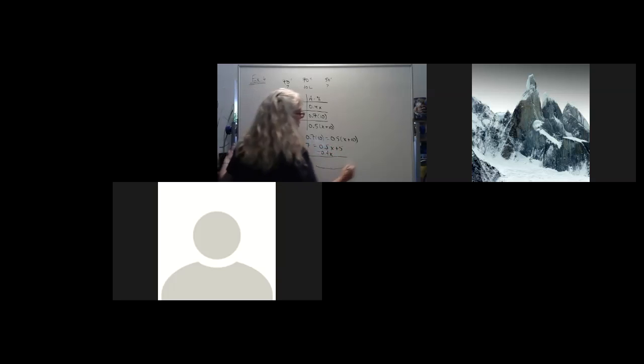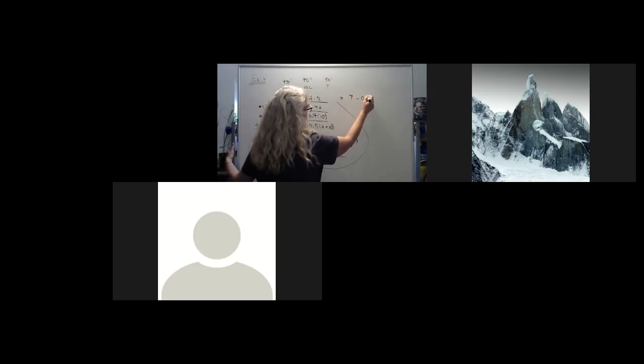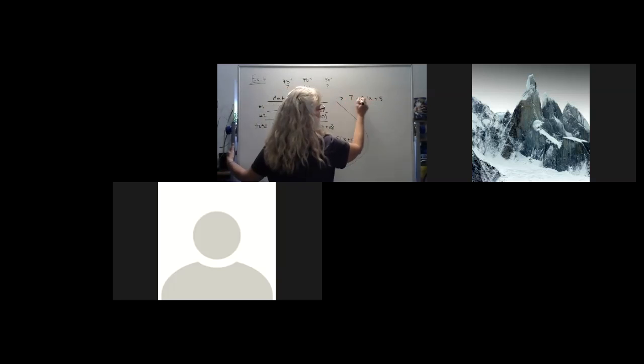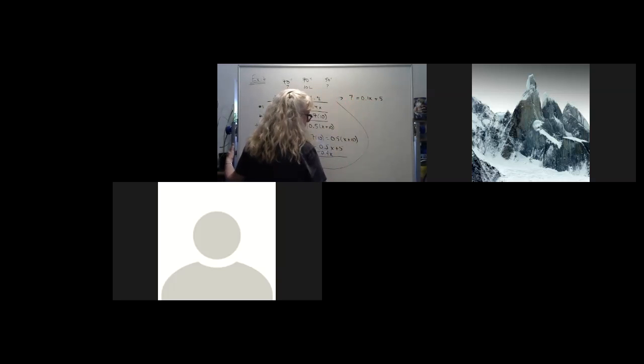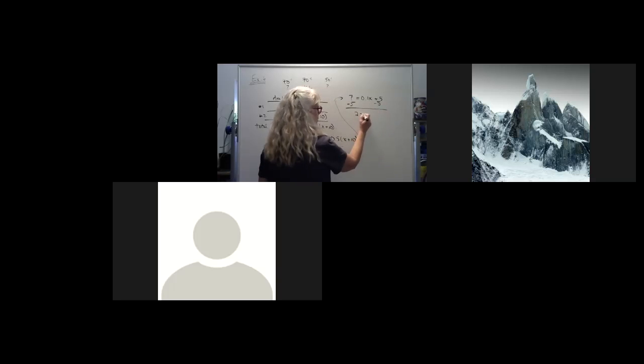That'll give us 7 equals 0.1X plus 5. Then we can go ahead and move 5 to the other side, so we'll subtract our 5. That'll give me 2 is equal to 0.1X. And we'll divide out the 0.1. So X is equal to 2 divided by 0.1, which comes out to be 20.